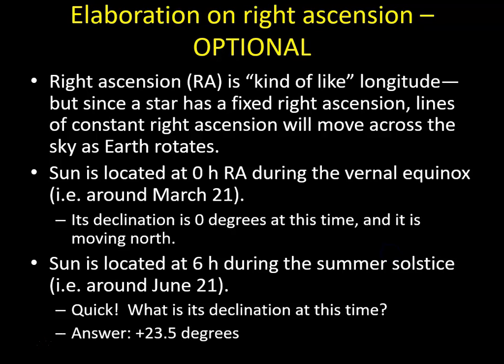To be more precise, 23.45 degrees. Why? Because that is the tilt of Earth's axis. On the summer solstice, Earth is oriented such that the northern hemisphere, as much as possible, is tilted toward the sun. What is the as much as possible? Well, it's the tilt of Earth's axis, 23.45 degrees. So that makes our sun's declination at that time 23.45 degrees.